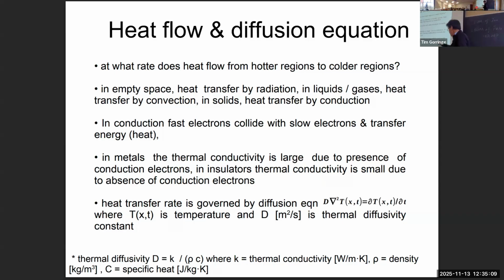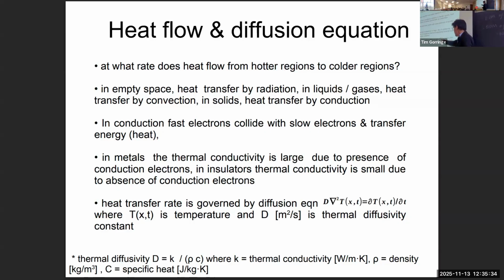The diffusion equation or heat equation is a partial differential equation involving space and time. So it involves differentials with respect to space and time. Actually, it's second order in the differential with respect to space, and first order in the differential with respect to time. And here is that equation.